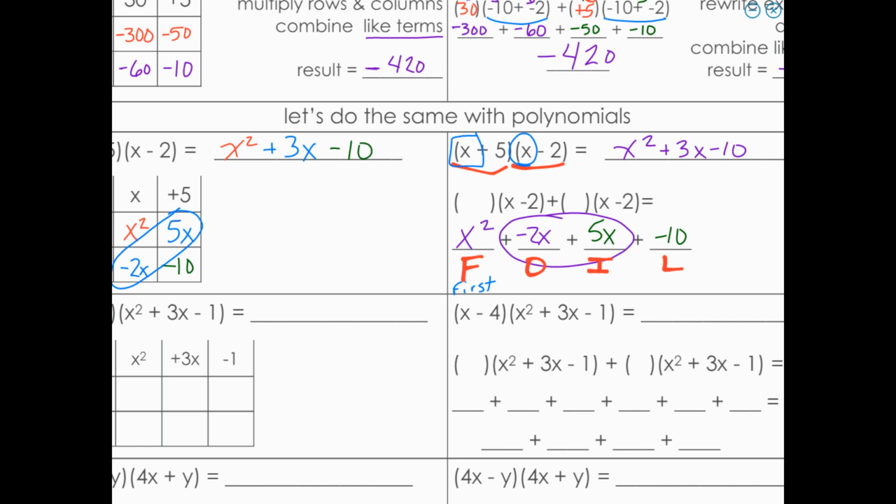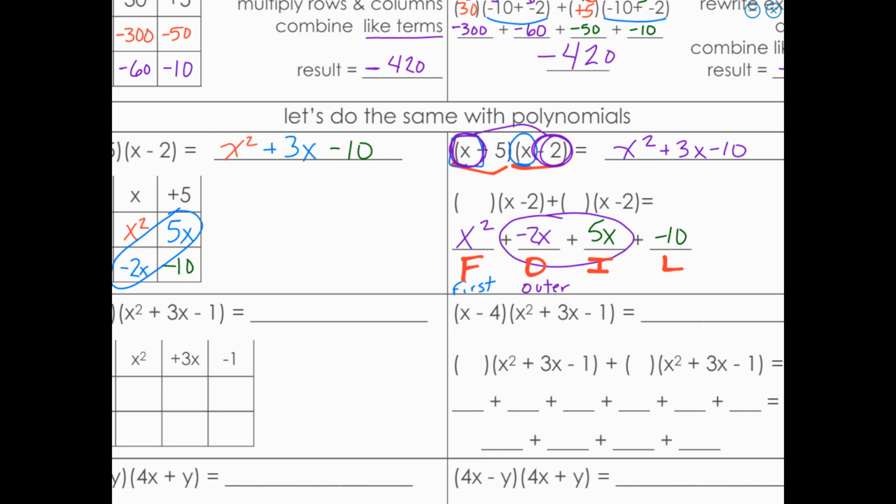That gets us our x squared. Then it tells us to do our outside. So that's the one on the outer side of the problem times the other one on the outer side of the problem. So we would get x times negative 2.